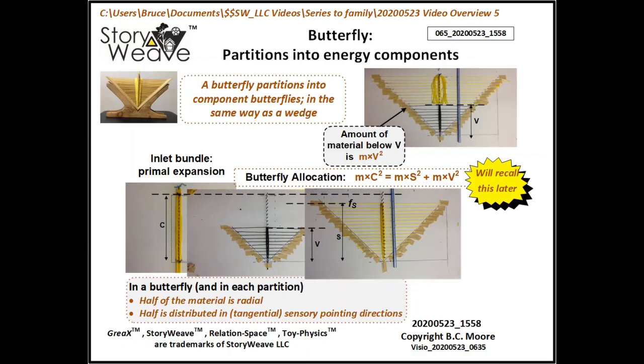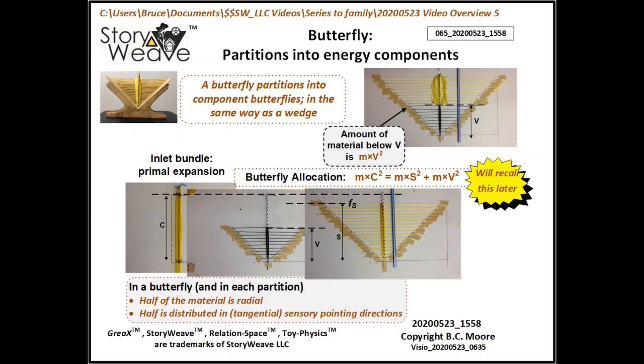So the point is, and it's really fascinating, that below that v, there is a butterfly, that black butterfly, and the remainder up at the top, after you've cut that off at that point, forms another butterfly. So just like the Pythagorean wedge partitions into smaller wedges, the Pythagorean butterfly also partitions into small butterflies, each of which could be partitioned further and further.